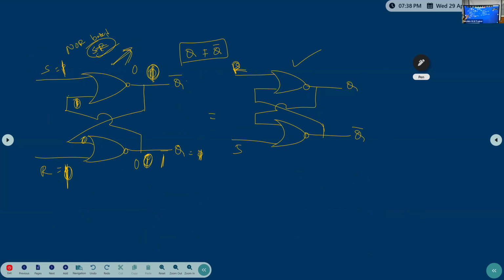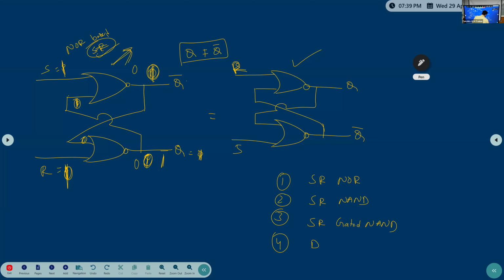So, how many latches are there? What are the latches we discussed? The SR NOR latch, the SR NAND latch, then the SR gated NAND latch. After that, everything is gated only.